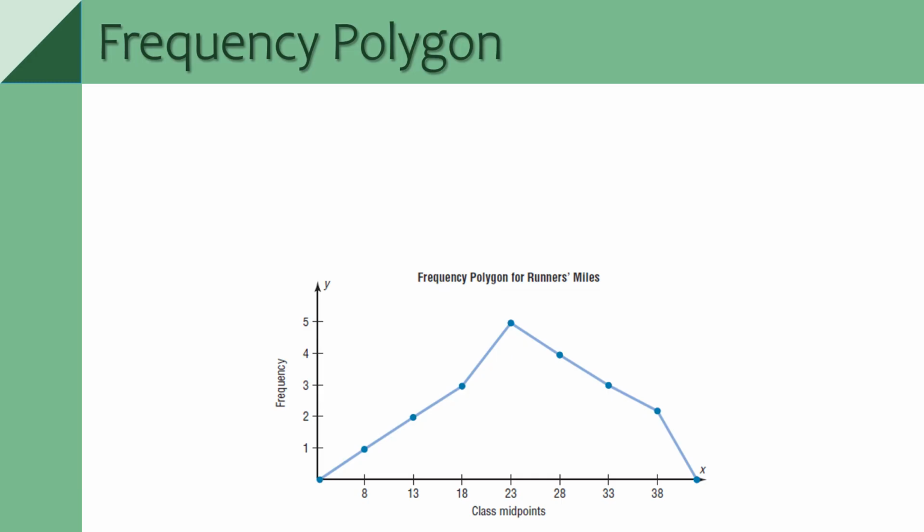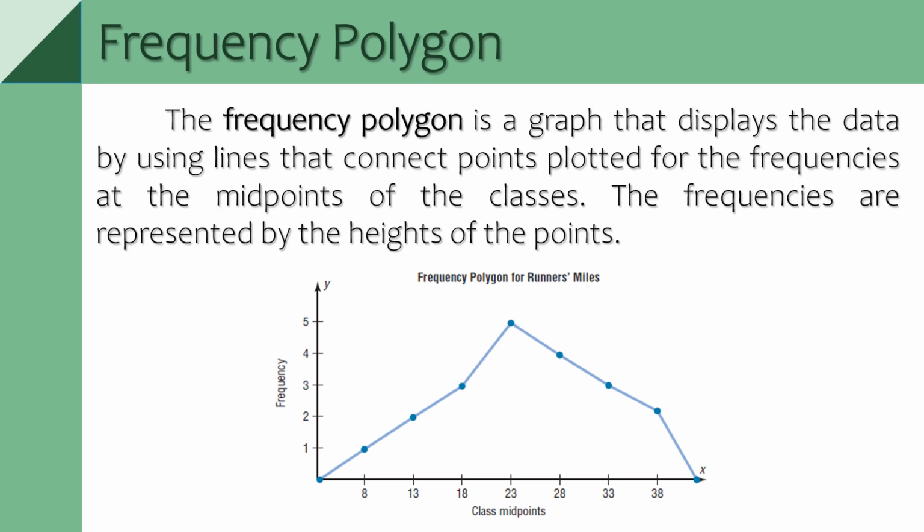Okay, so the second graph that I'm about to discuss to you is the frequency polygon. So, ano naman yung frequency polygon? Sabi dyan, the frequency polygon is a graph that displays the data by using line that connects point plotted for the frequencies at the midpoint of the classes. Okay, so the frequencies are represented by heights of the points.